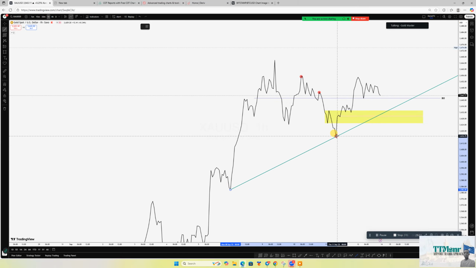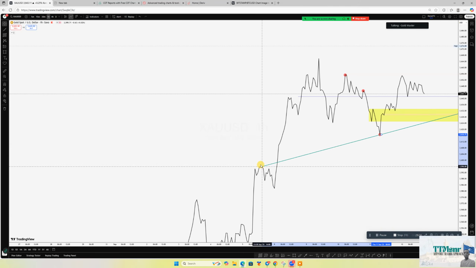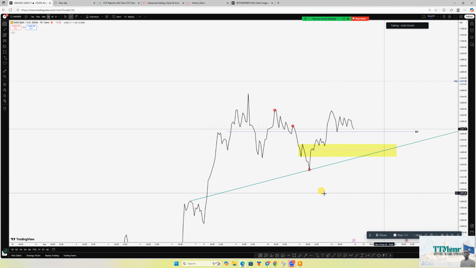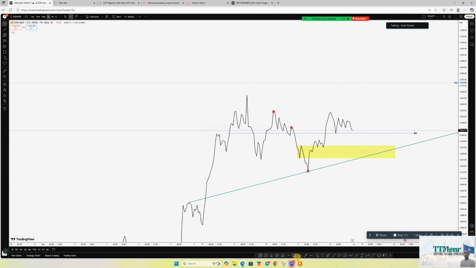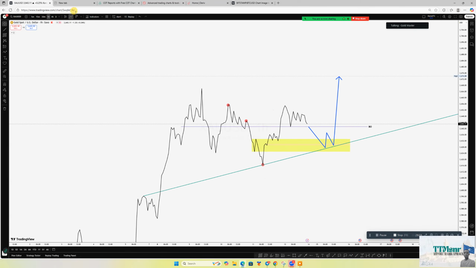Okay, you can see that this is the right zone. You can also use this one if you want. And this is what I'm expecting for gold. I'm expecting the gold price to come here and then fly. That's my expectation.